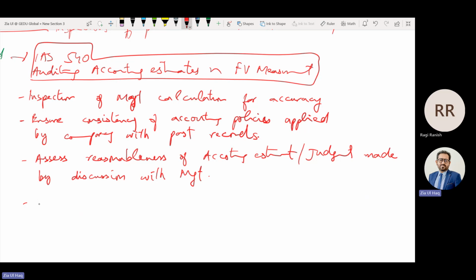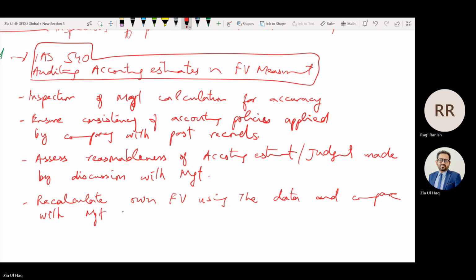What else do we need to do? Recalculate. Being auditors, we will calculate the fair value as well, using the data, and compare with management calculation, or any expert calculation, such as a due diligence report by an expert relating to that subsidiary.